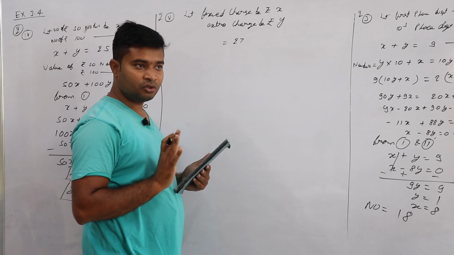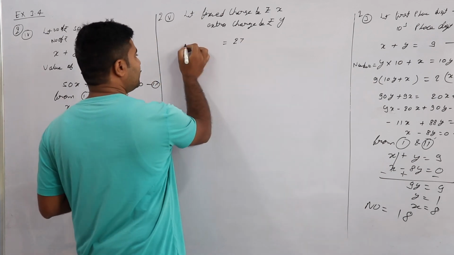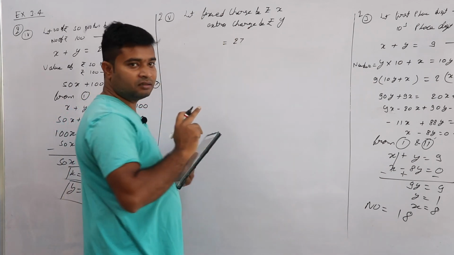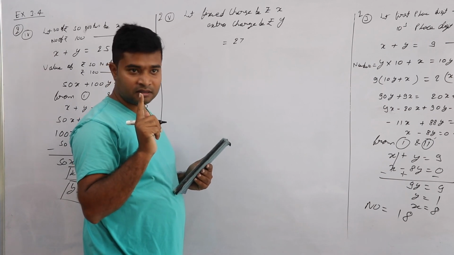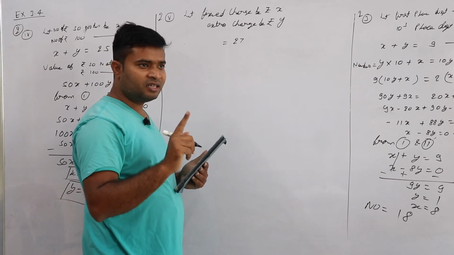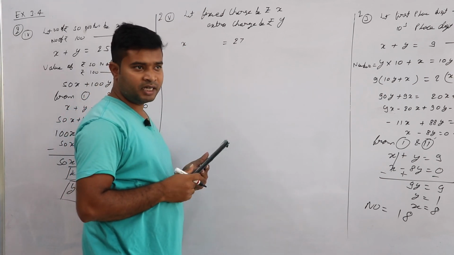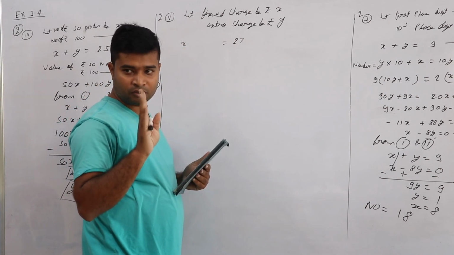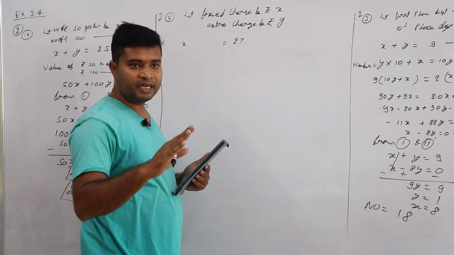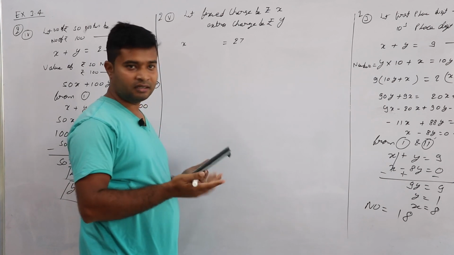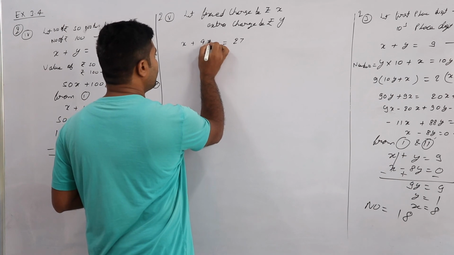For how many days did they keep it? 7 days. So for the first 3 days, the charge will be x only. How many days remain? 4. So 4 days into y rupees, so plus 4y.